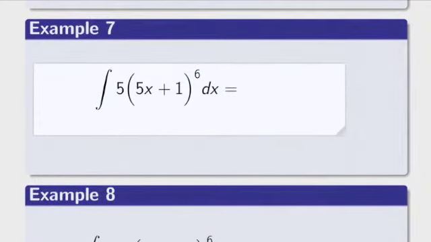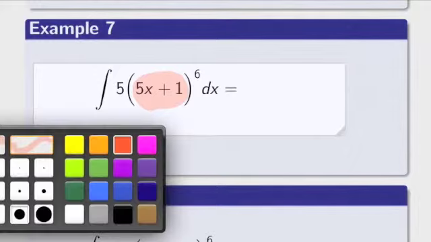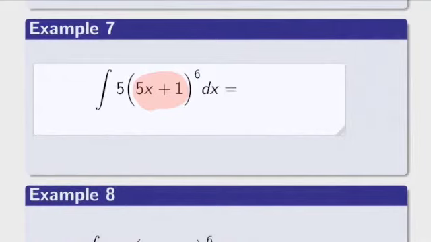So let's look at another example. Here we have a function f(x) being raised to the power 6. Derivative of the function f(x), in other words the derivative of the expression colored red, is 5.